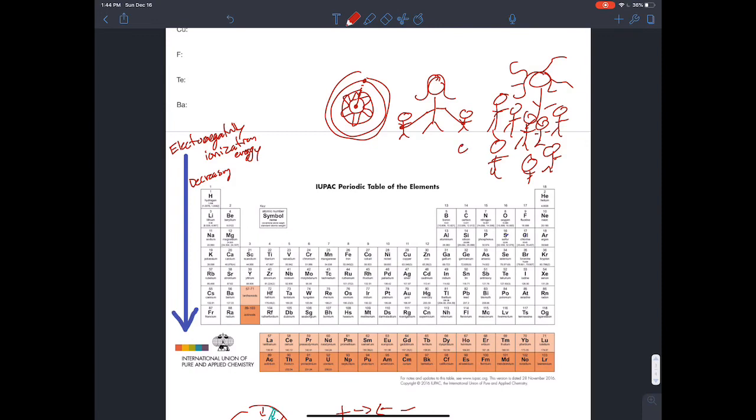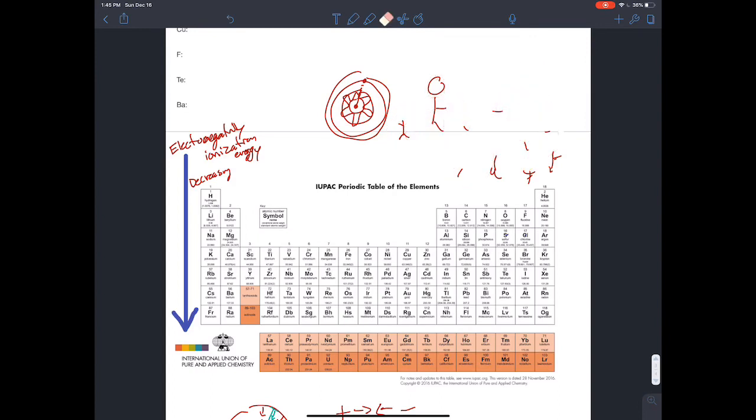All right, and you spot the outlier just right here. That's a quick grab and go. This kid is going to be easy to steal from this mom. These kids aren't going to be easy. So this is like helium, just 1 energy level, 2 electrons, 2 kids. And then this is going to be someone with a bunch of kids, and you can take the outermost kid really easily. Okay? So that's how we bring this into something relatable.